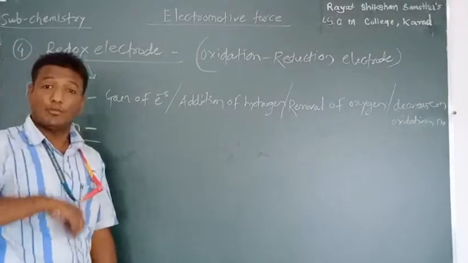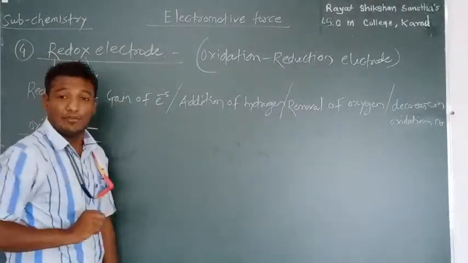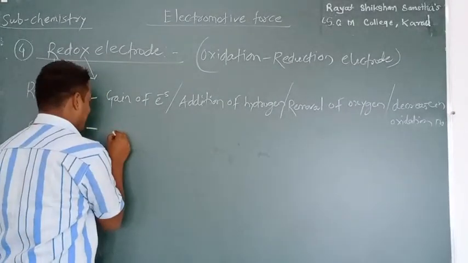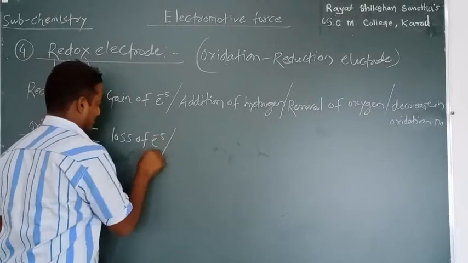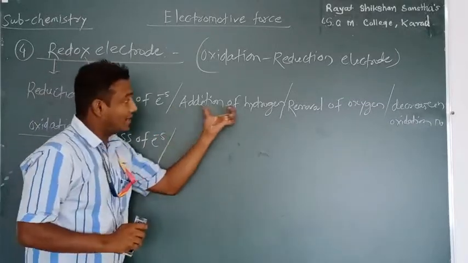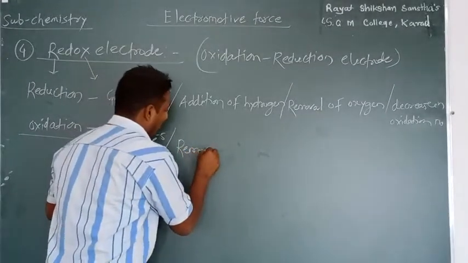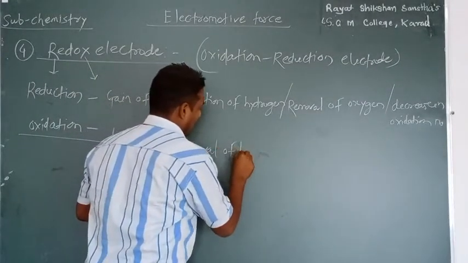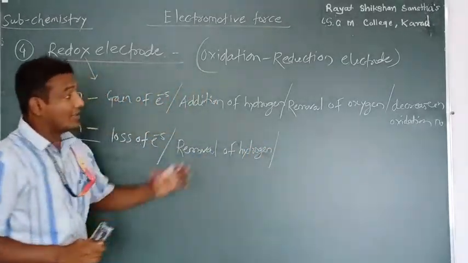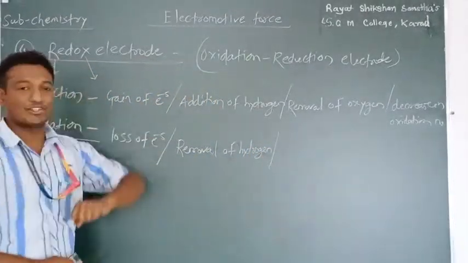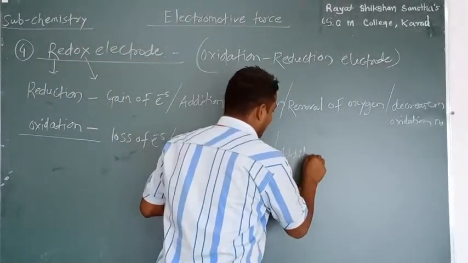Then what is the meaning of oxidation? Reduction means gain of electrons, oxidation means loss of electrons. Very simple. Reduction is addition of hydrogen, oxidation means removal of hydrogen. Removal of oxygen means reduction, and oxidation is addition of oxygen.